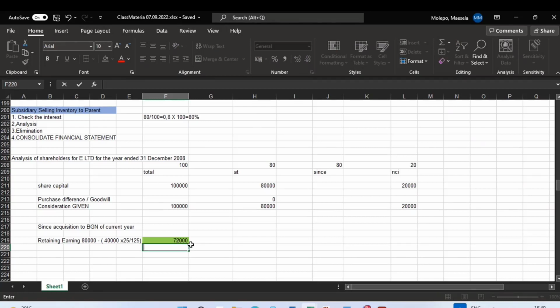We all happy now? So the 80% of 72,000 is 57,600. So the difference will be 14,400.